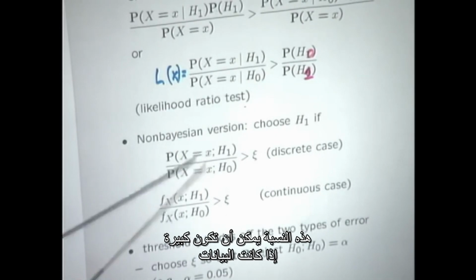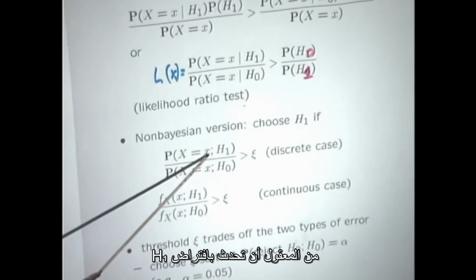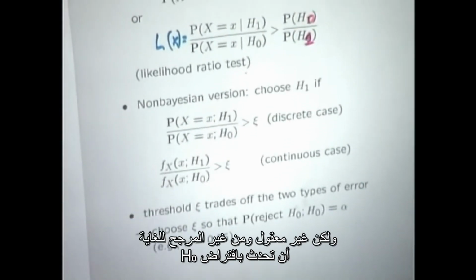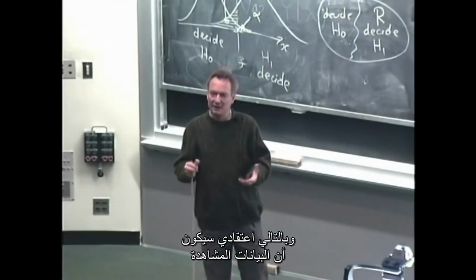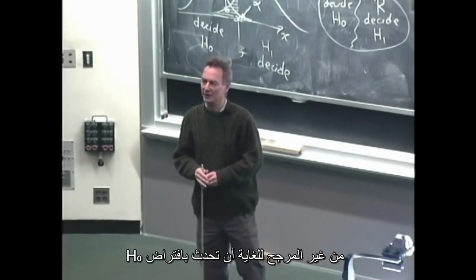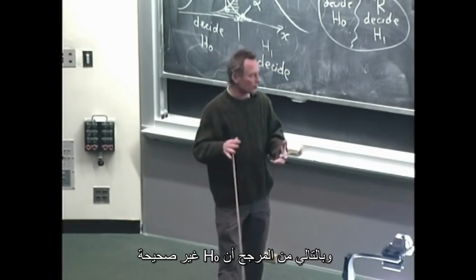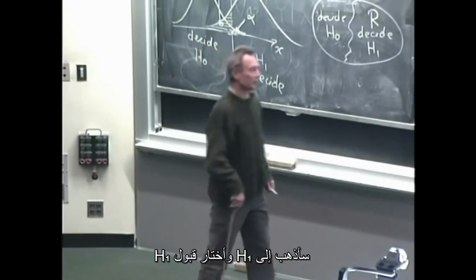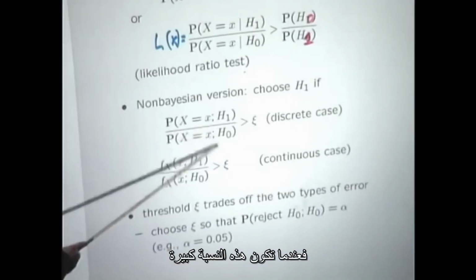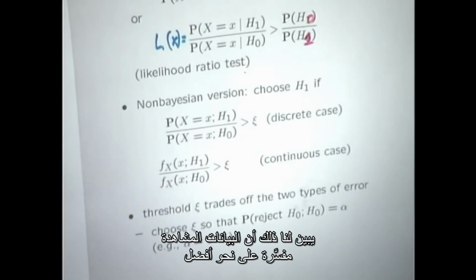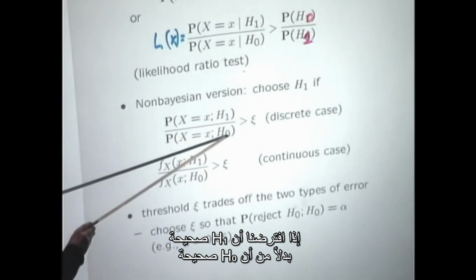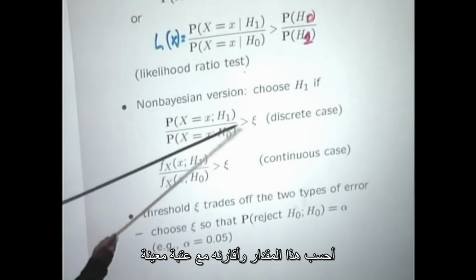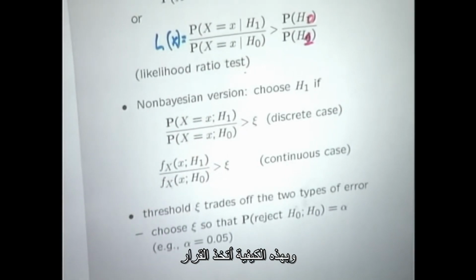This ratio could be big if my data are plausible, they might occur under H1, but they're very implausible, extremely unlikely to occur under H0. Then my thinking would be, well, the data that I saw are extremely unlikely to have occurred under H0, so H0 is probably not true, I'm going to go for H1 and choose H1. So when this ratio is big, it tells us that the data that we're seeing are better explained if we assume H1 to be true rather than H0. So I calculate this quantity, compare it with a threshold, and that's how I make my decision.